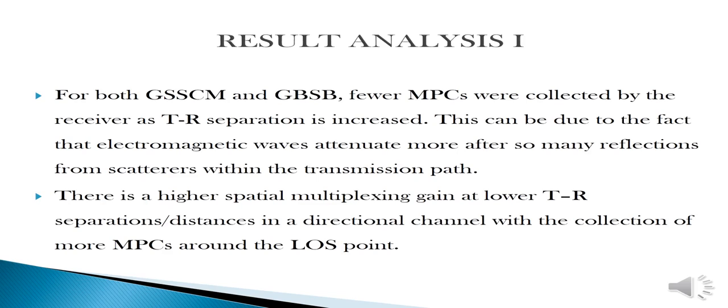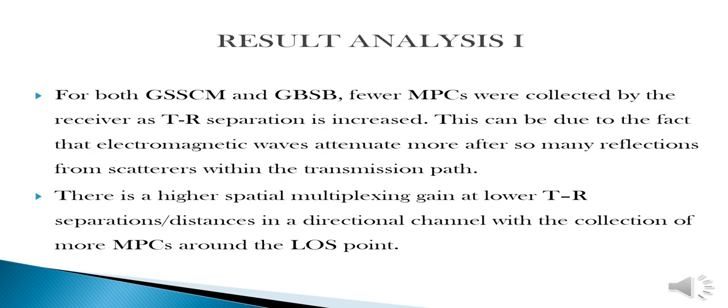For the result analysis, firstly, we can see that for both GSSCM and GBSB, fewer multipath components were collected by the receiver as the TR separation is increased. That is evident from table 1. This can be due to the fact that electromagnetic waves attenuate more after so many reflections from scatterers within the transmission path.